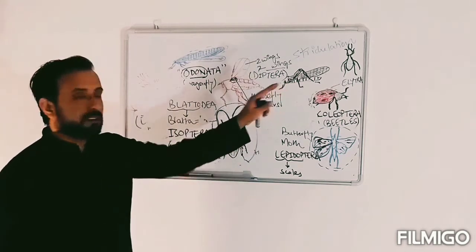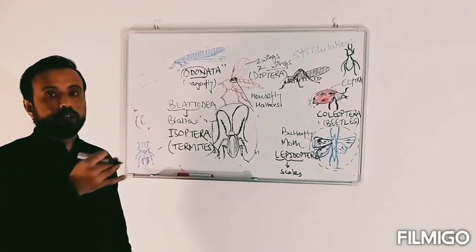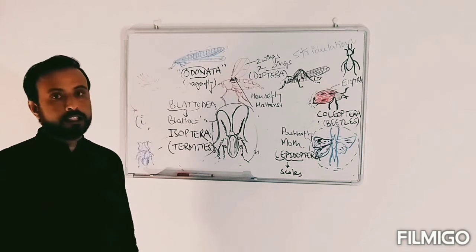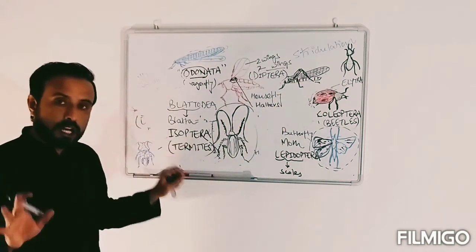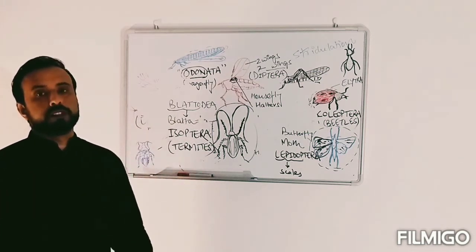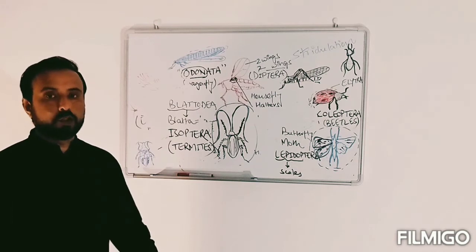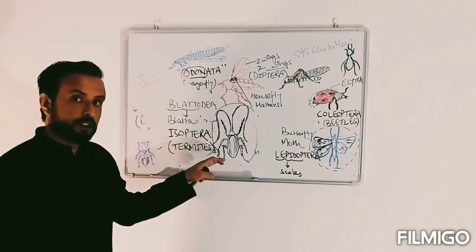In termites the wing stage is mostly not present, and is developed only in the sexual stages. But if they have wings, they will be of equal length. That is why they are called Isoptera, equal wing.